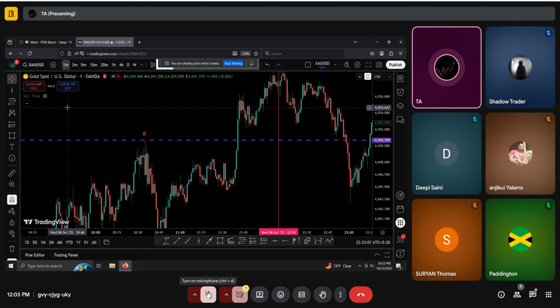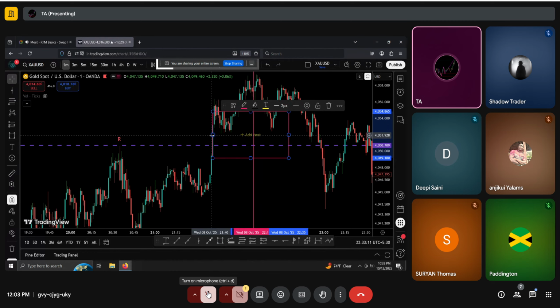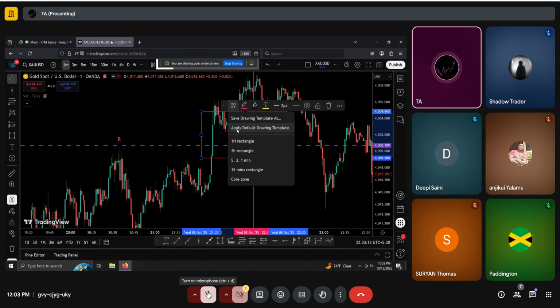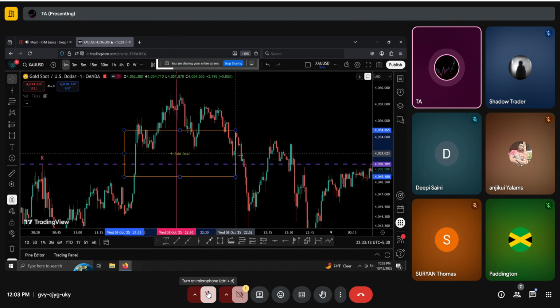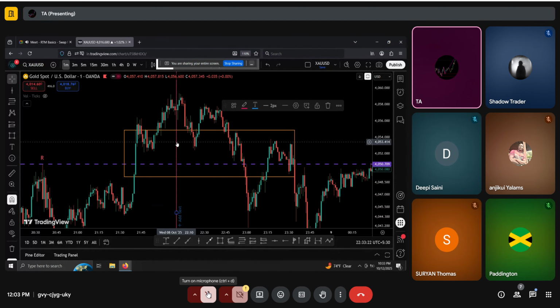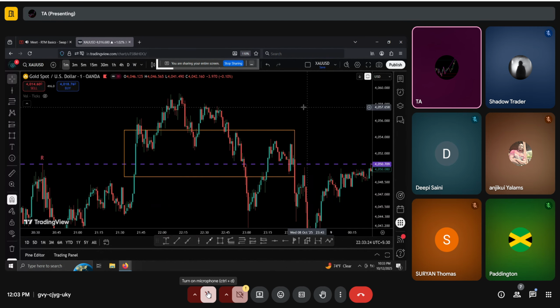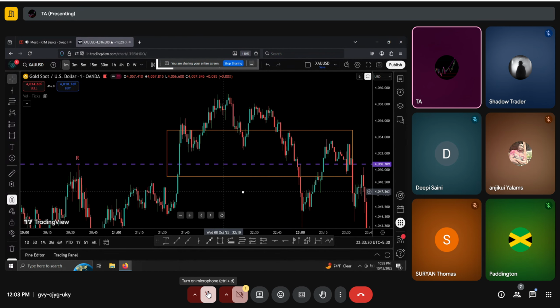So we have data till 1 minute, and we will draw this whole candle, high to low, as our FTR, right? This will be our FTR. You see this?